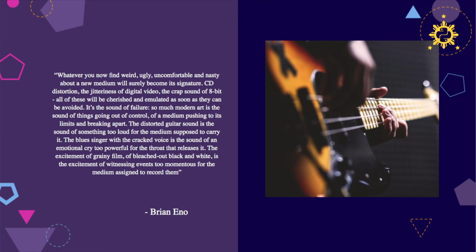So much modern art is the sound of things going out of control, of a medium pushing to its limits and breaking apart. The distorted guitar is the sound of something too loud for the medium supposed to carry it. The blues singer with a cracked voice is the sound of an emotional cry too powerful for the throat that releases it. The excitement of grainy film, the bleached out black and white, is the excitement of witnessing events too momentous for the medium assigned to record them.